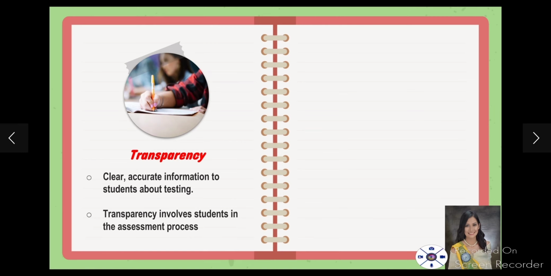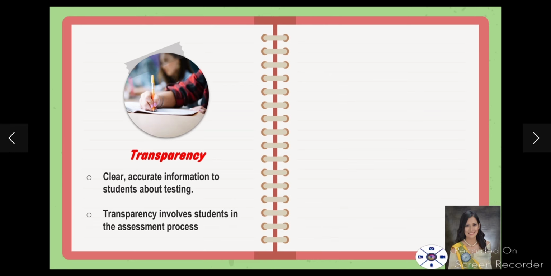So in language assessment, we need to consider all the principles that we have in order to attain a reliable and valid assessment of our students' ability. We need to consider those things.